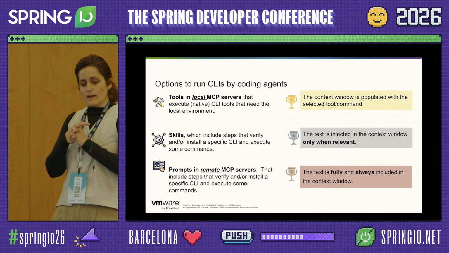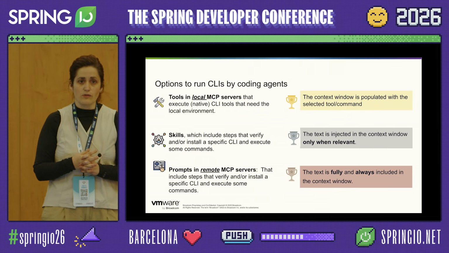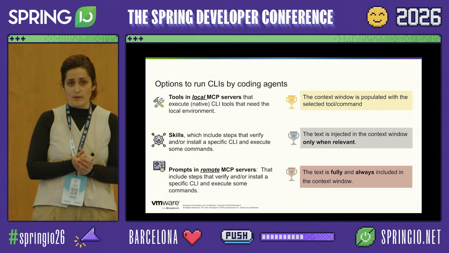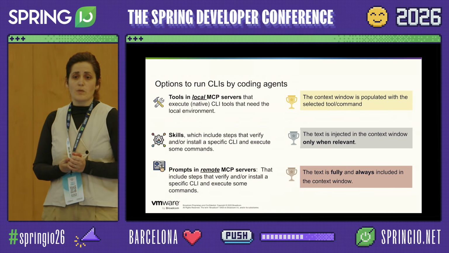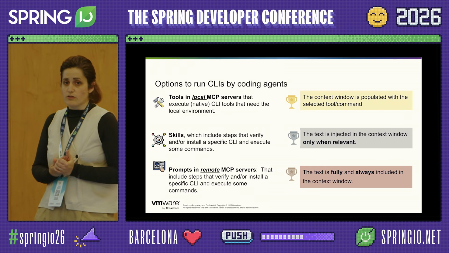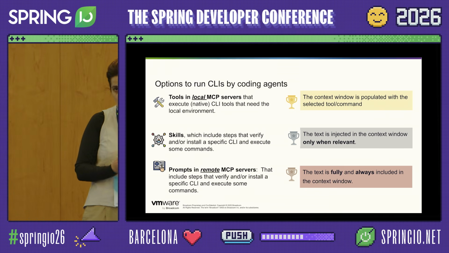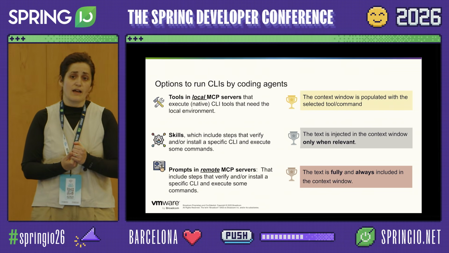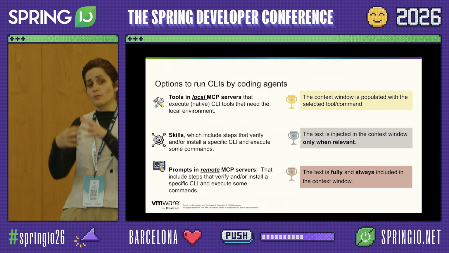So the coding agents can be extended through MCP, as we have seen in the keynote, right? And there are two types of MCP, remote MCPs and local MCPs. OpenRewrite, or any CLI that is for development purposes, needs your code to be stored locally and should, for instance, have access to your tools to build that project.